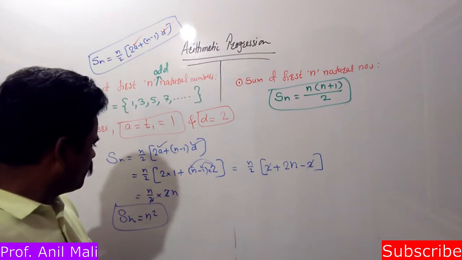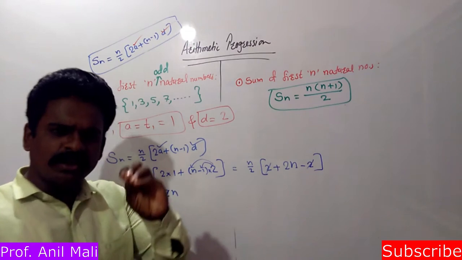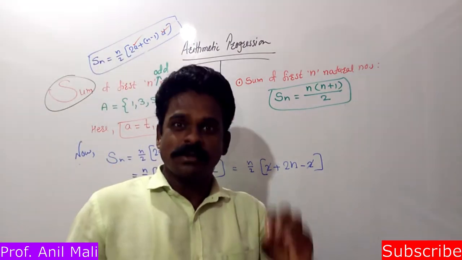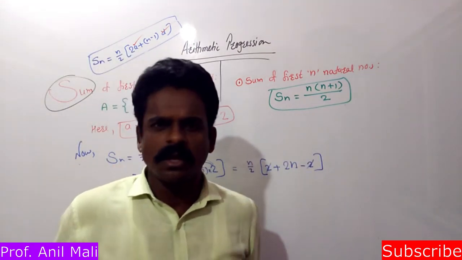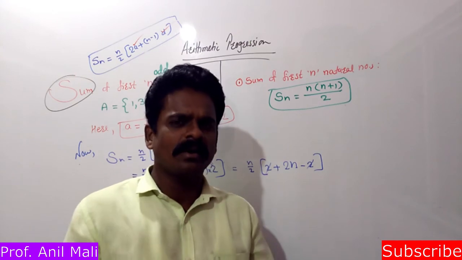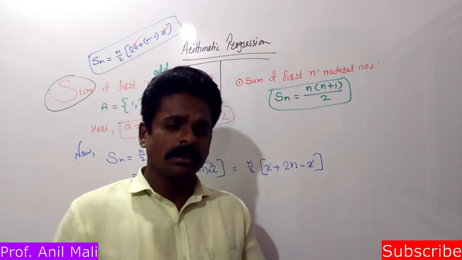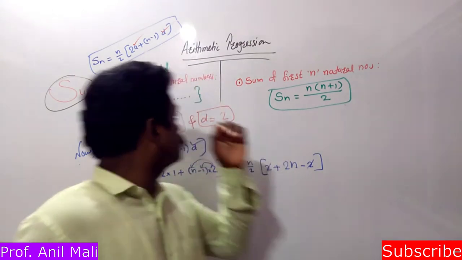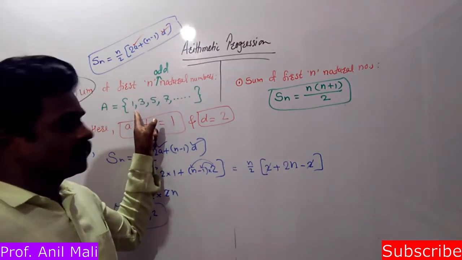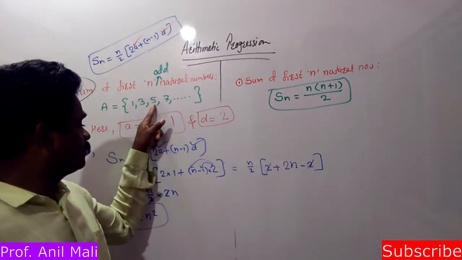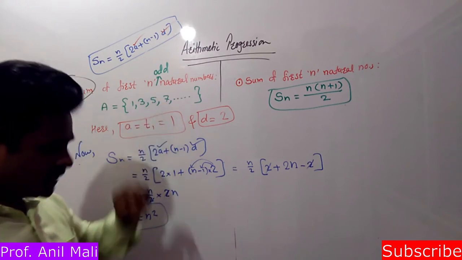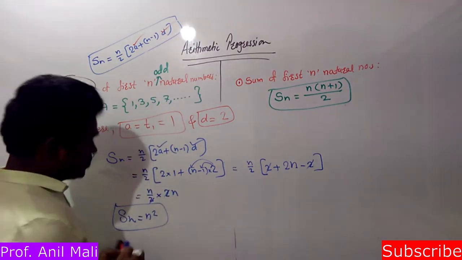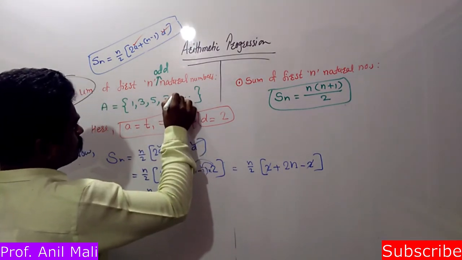Now consider, if you have taken 5 odd natural numbers, first 5 odd natural numbers. So how much is the sum of first 5 odd natural numbers? First odd natural number is 1, second is 3, third 5, fourth is 7, and fifth is 9.